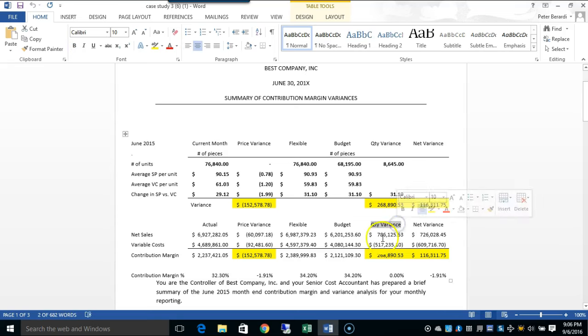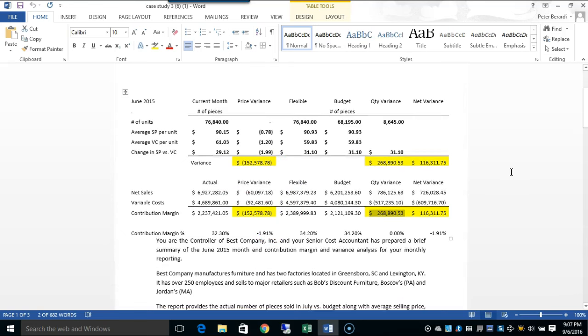The quantity variance is the actual quantity minus the standard or budgeted quantity times the standard or budgeted price. So to get this, we're taking our pieces, actual minus budgeted, times the standard. You're doing the same for the variable costs and the contribution margin. In order to interpret this, you have to know your variance analysis.